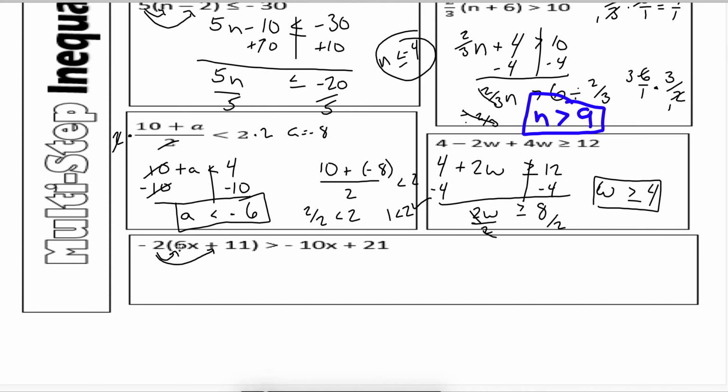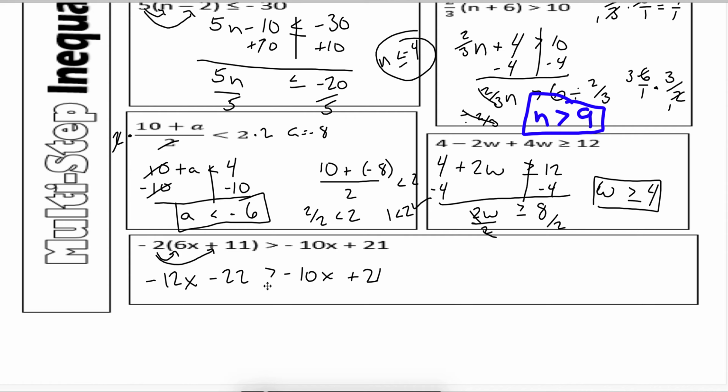Negative 2 times 6x is negative 12x. Negative 2 times 11 is negative 22, which is greater than negative 10x plus 21.